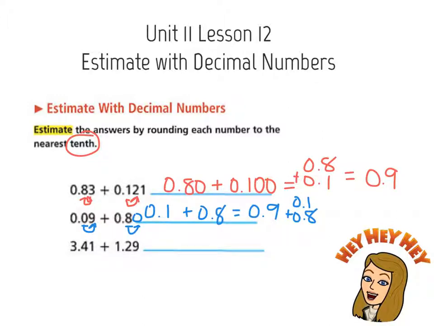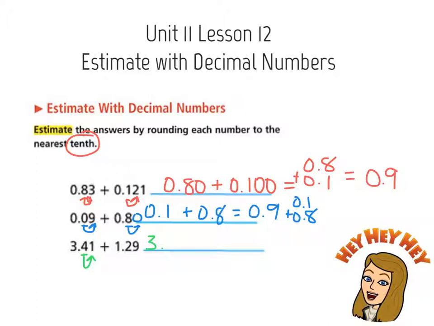All right, let's take a look at the next one. This one will be different because I do have whole numbers. So it's 3 and 41 hundredths plus 1 and 29 hundredths. We'll underline the tenths place. This one is the 4. I look next door. The 1 will not bump it up. Remember, the numbers ahead of where you're rounding do not change.